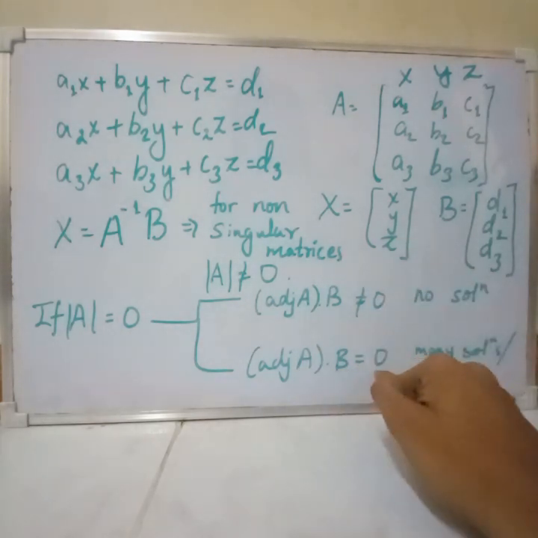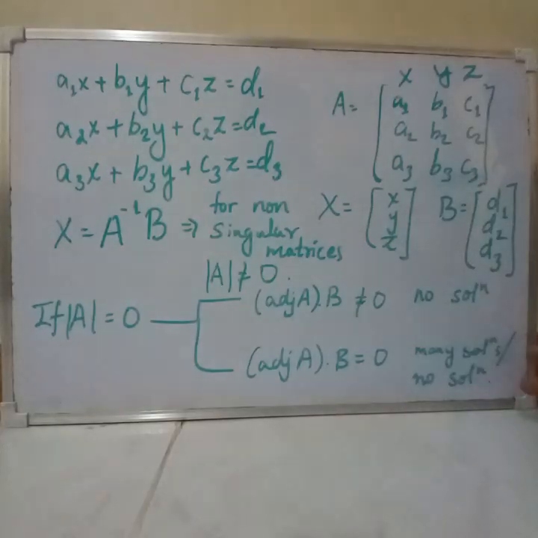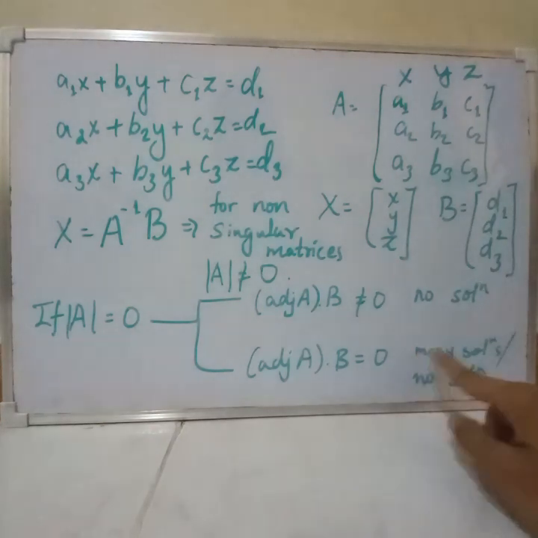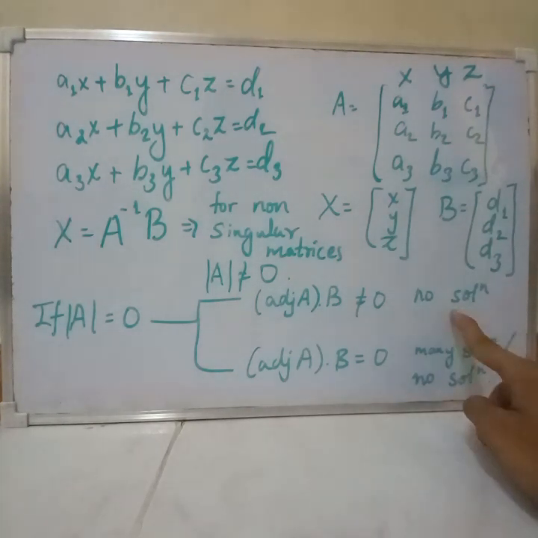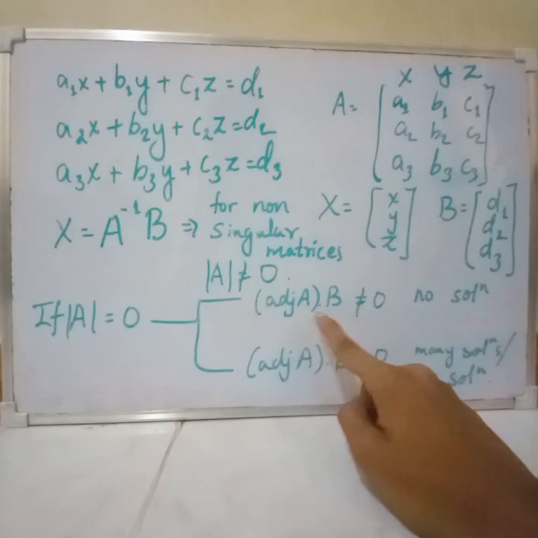Otherwise, if it is equal to 0, it can have either many solutions or no solution, but usually you'll write it as consistent, though you cannot find the solutions because many different solutions are possible.